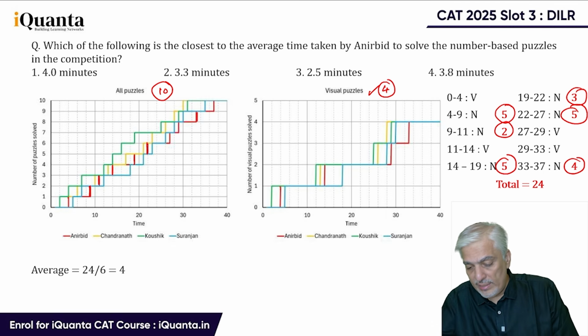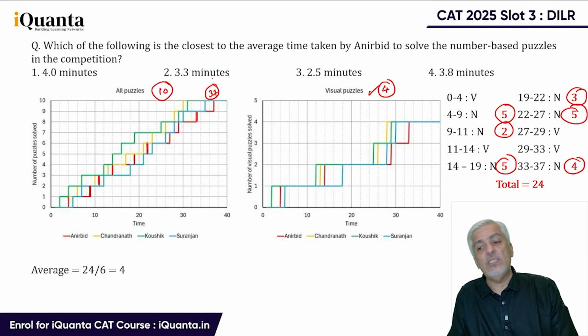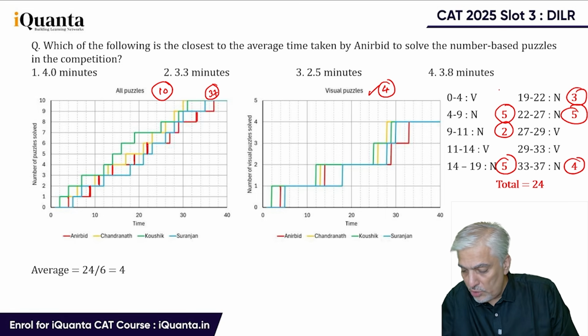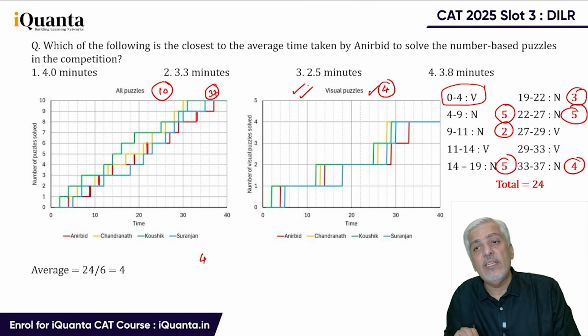I'm just thinking now over here, I know he took a total of 37 minutes. Let's calculate because there were only 4 visual. So the first visual took us 4 minutes. This one, we would have just done this graph. We would not even have looked at the first graph, 4 minutes.